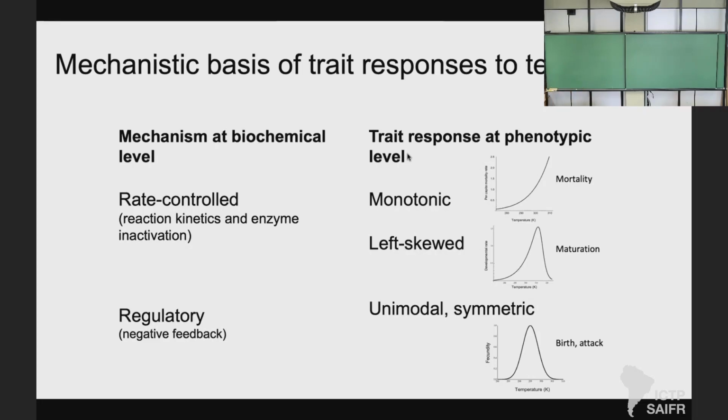And then in contrast to rate control, you have another type of process called a regulatory process, and this operates through negative feedback. So you have rate processes that are increasing and decreasing, and what happens is that there's a negative feedback that pushes those rate processes towards an intermediate optimum. This we understand, right?